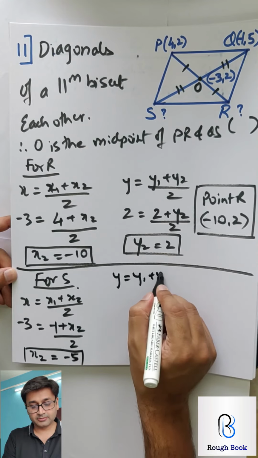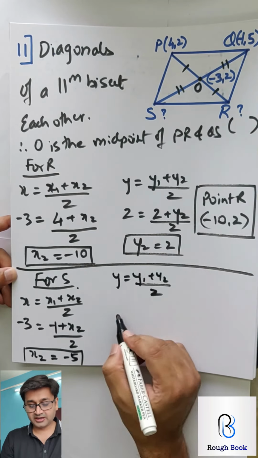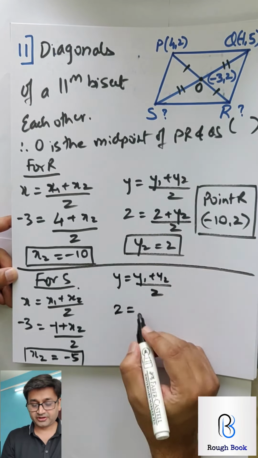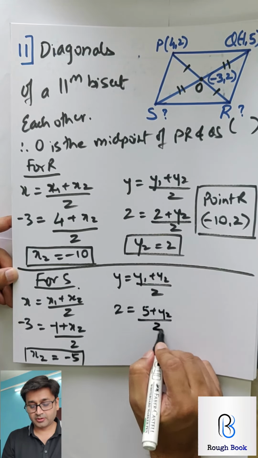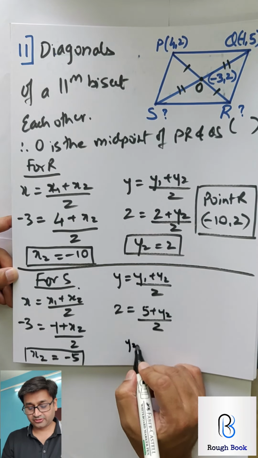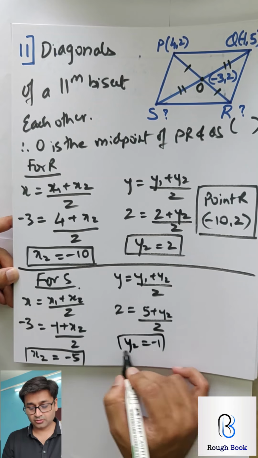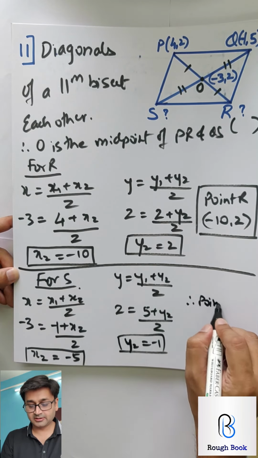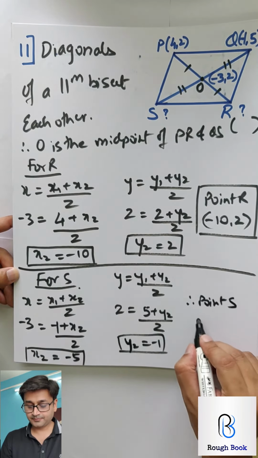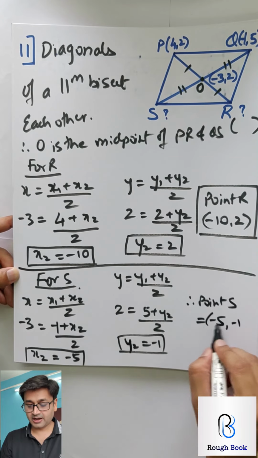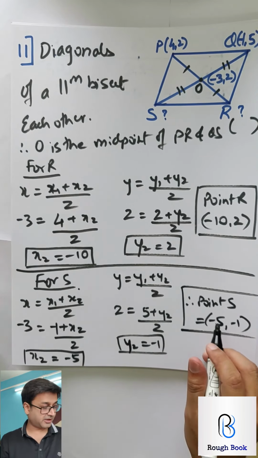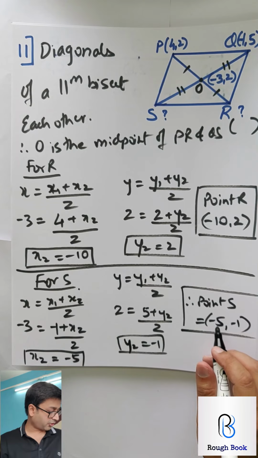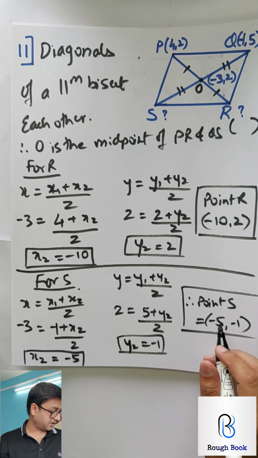Likewise, Y is Y1 plus Y2 by 2 and Y is 2. Y1 is 5 plus Y2 by 2. So 4 minus 5. So that will give me minus 1. So therefore I can say that point S is minus 5 by minus 1. So I got my second answer also, that is point S. Sum number 11.